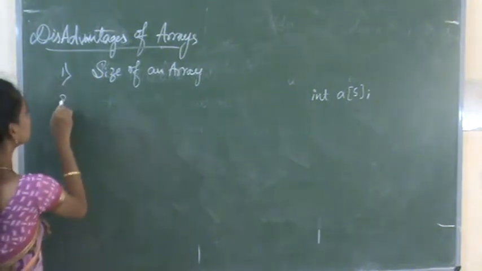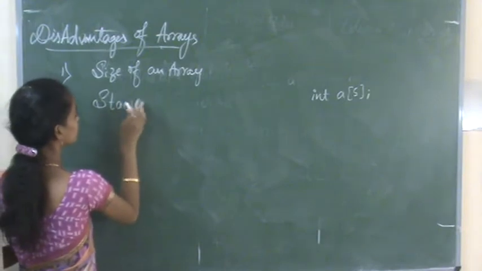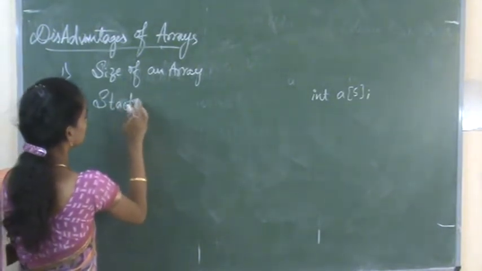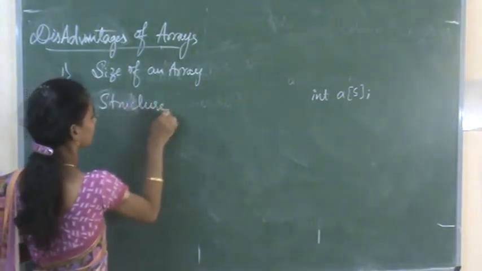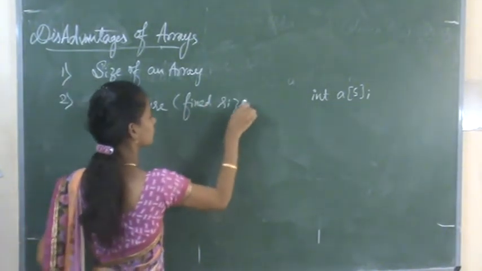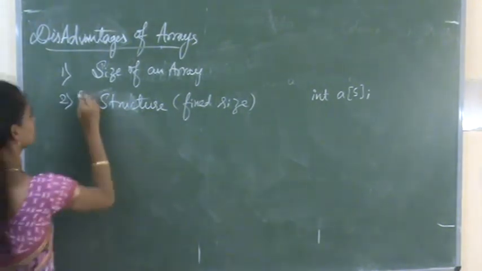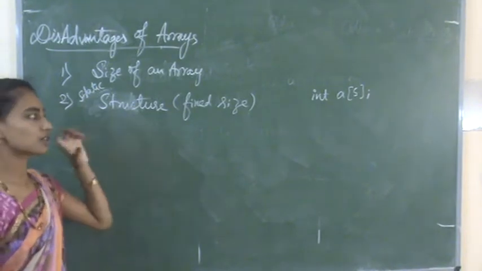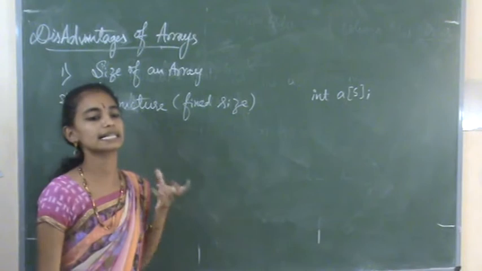The second disadvantage is that an array is a static structure. Static structure means the array should be of fixed size.